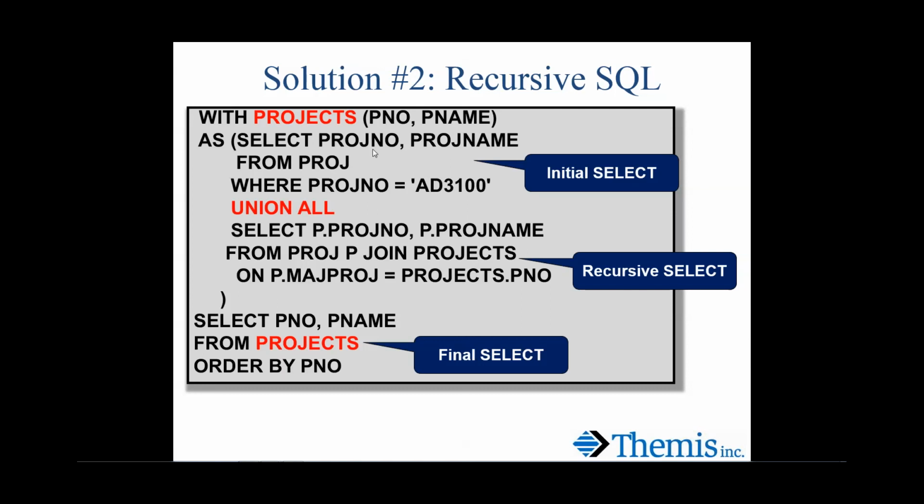So the initial select is going to prime the pump, as it were. Put the first row into the common table expression. So in this example, we're going to put AD3100 into my common table expression.